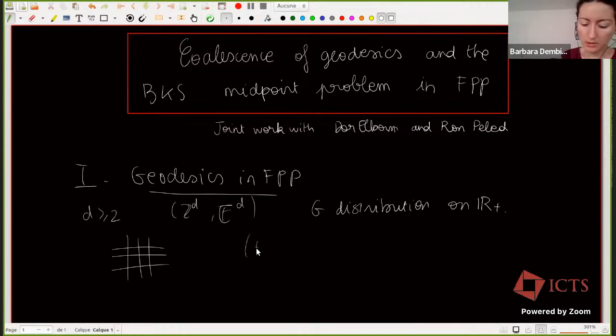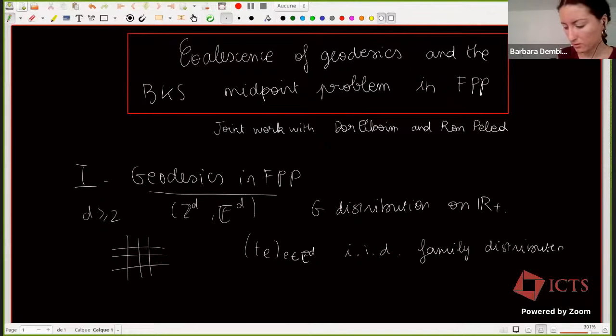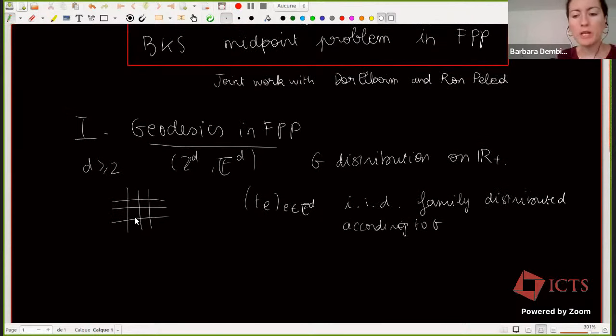We consider the IID family indexed on the edges, distributed according to G. So this is just the standard first passage percolation model. On each edge independently, you draw a random variable distributed according to G, and this random variable represents the time you need to cross the edge.